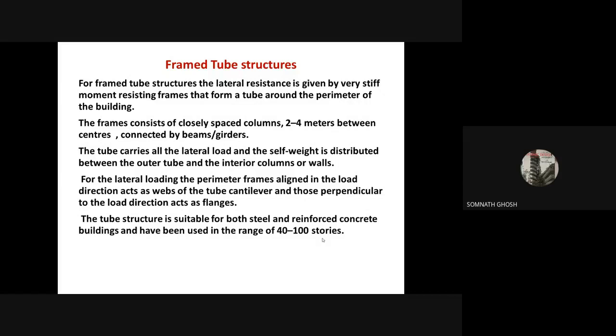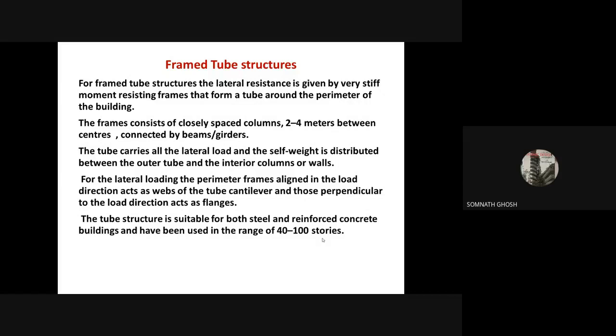And this tube will be able to carry huge lateral load, again under wind or seismic. Right? And the self weight is distributed between the outer tube and the internal columns or walls.